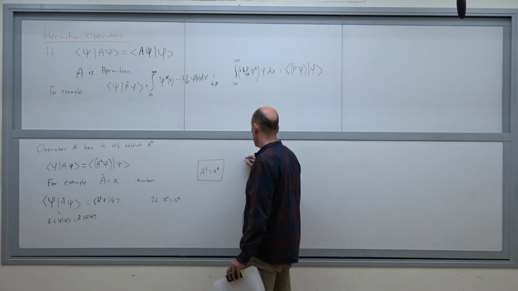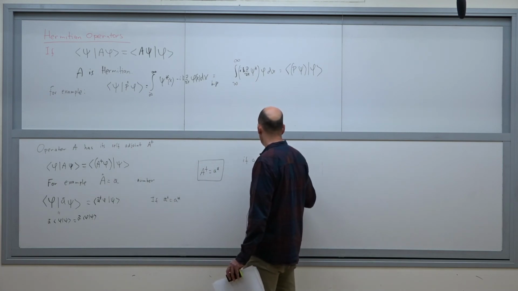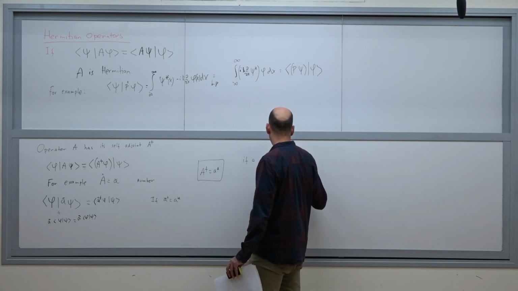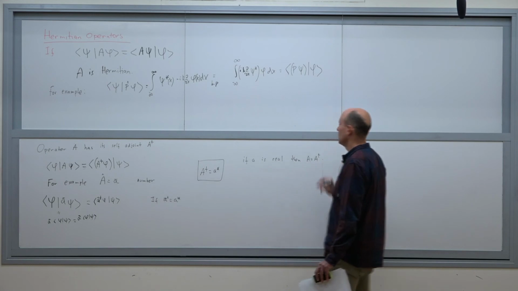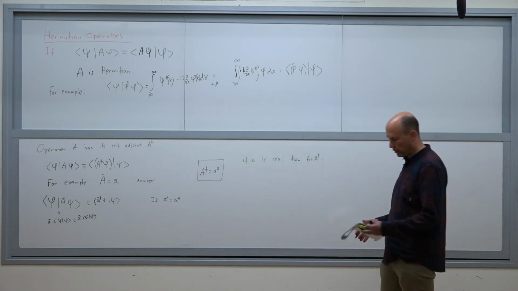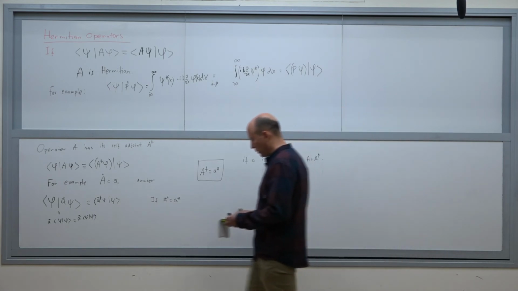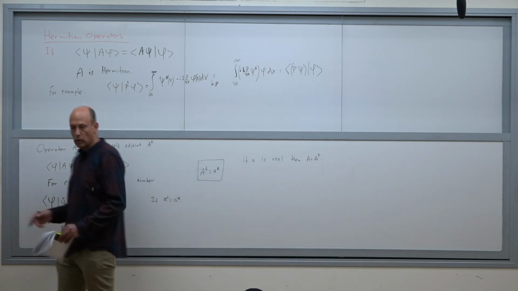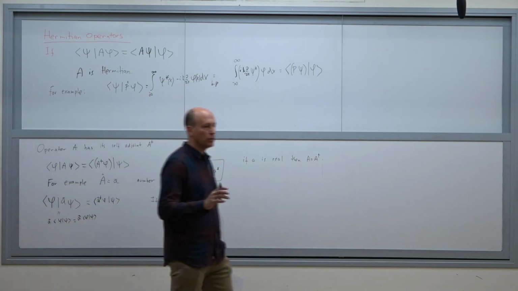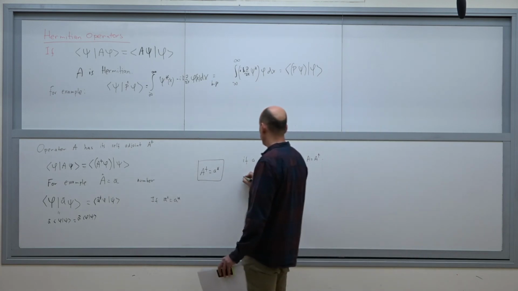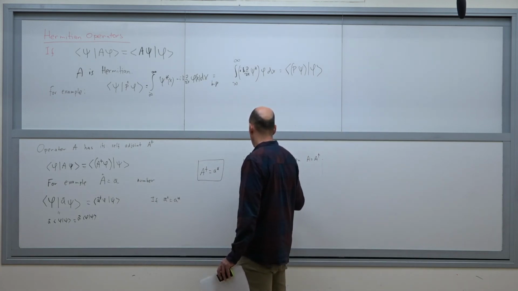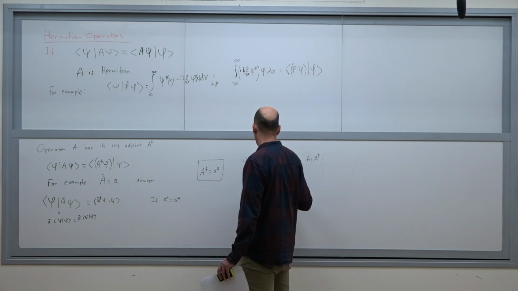So if A is real, then A is equal A dagger. Generally speaking, it's not equal to A dagger. If A dagger is equal A, we call the operator Hermitian.